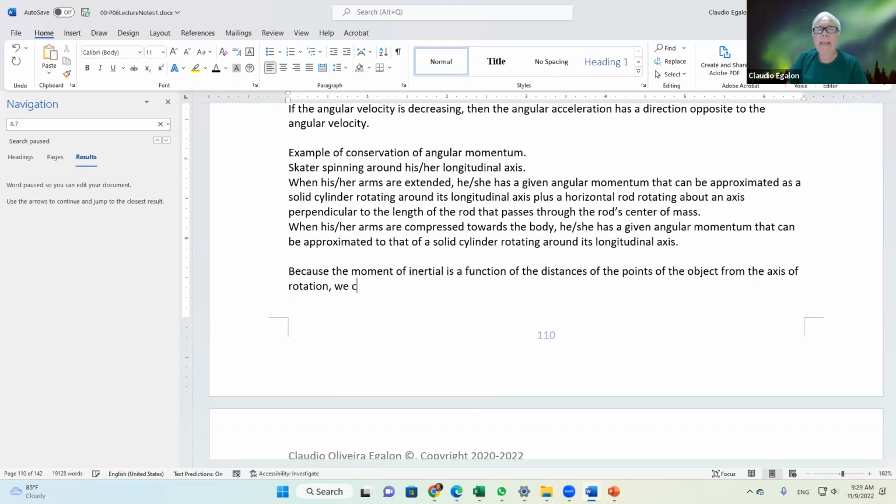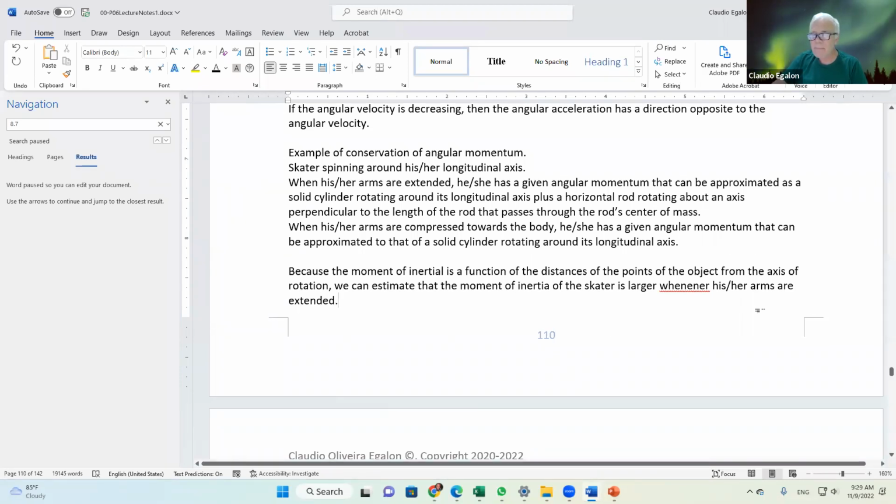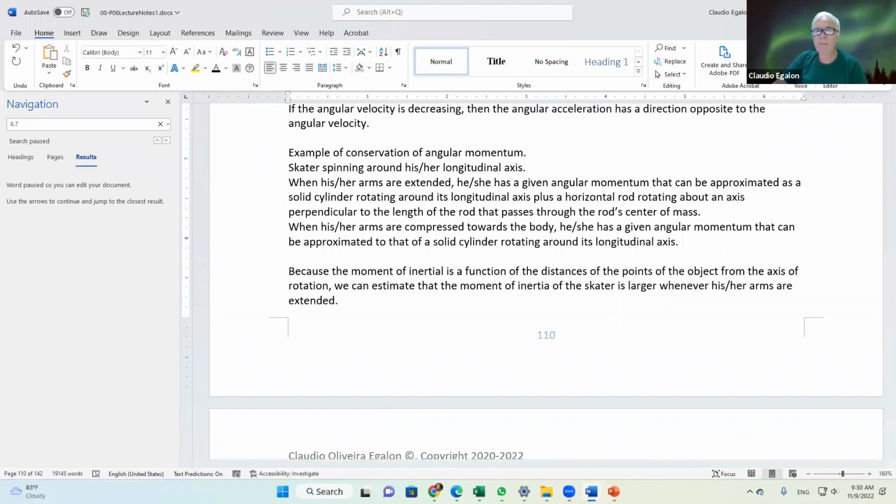Okay, we can estimate that the moment of inertia of the skater is larger whenever her arms are extended. Make sense? Okay. Whenever her arms are extended.